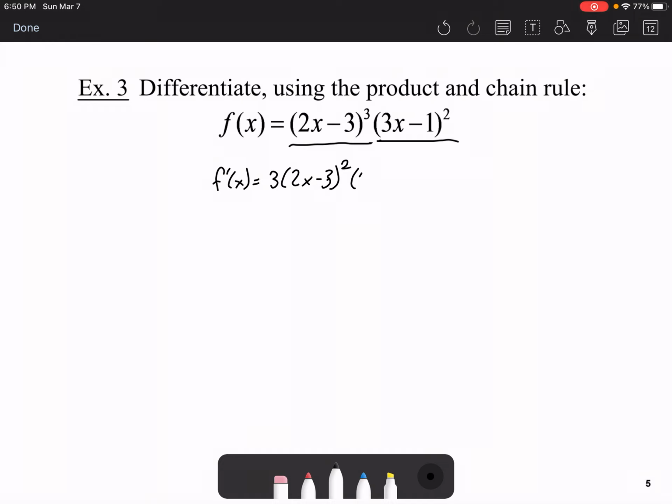Find the derivative of the inside, which is 2, and now leave the 3x minus 1 squared alone. We add. This time we leave the 2x minus 3 cubed alone. I bring the 2 down. I multiply by 3x minus 1. The exponent now becomes a 1, and the derivative of 3x minus 1 is 3.